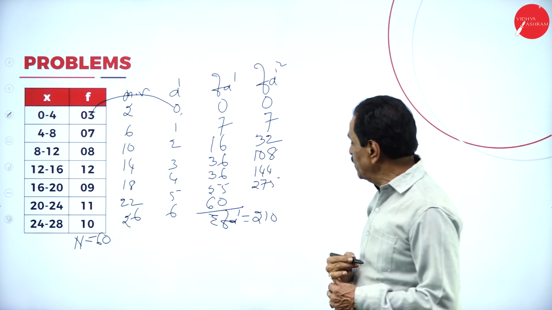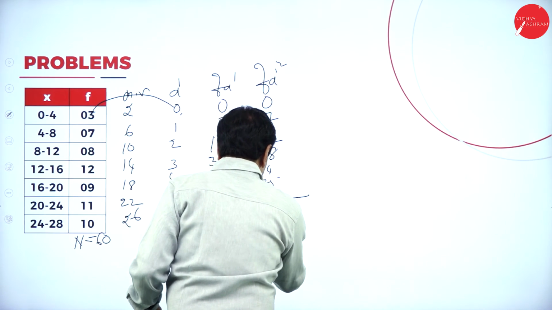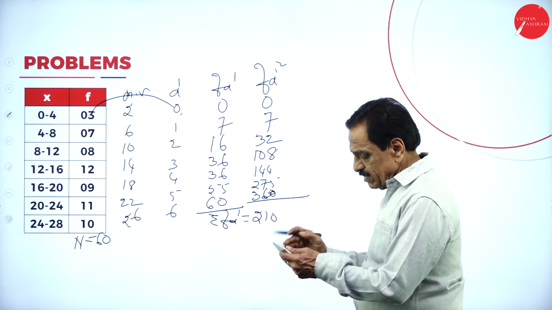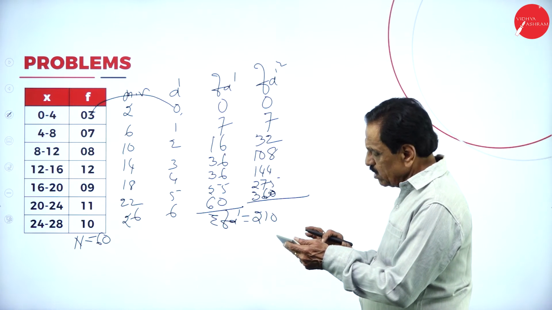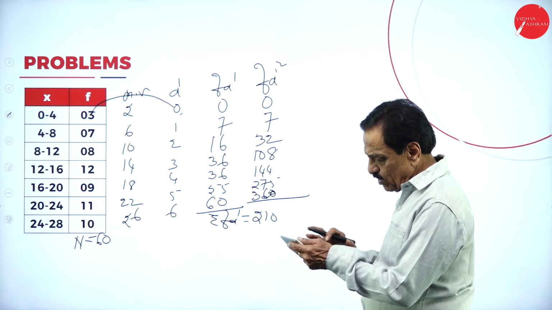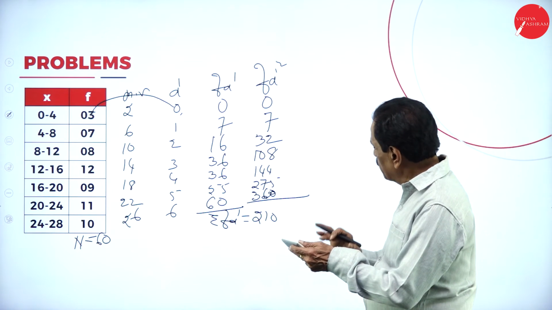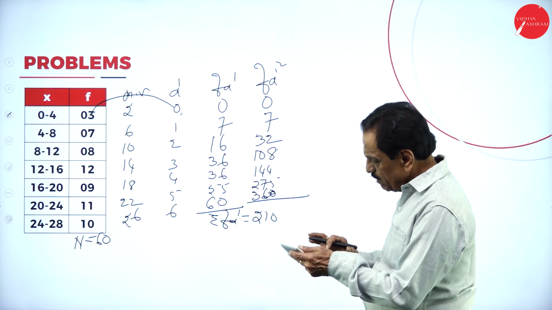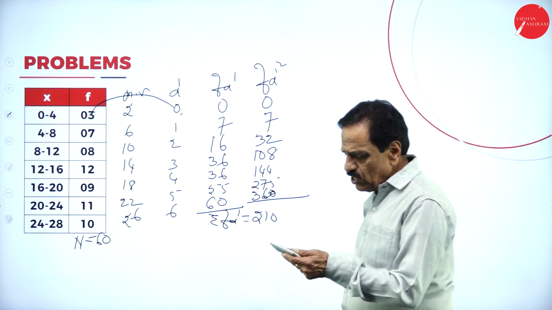Then 60 into 6, 360. Add the figure. One by one add. 7 plus 32 plus 108 plus 144 plus 275 plus 360 is equal to 926.